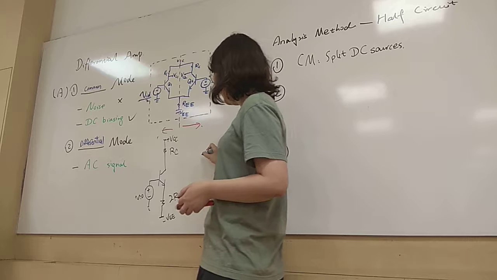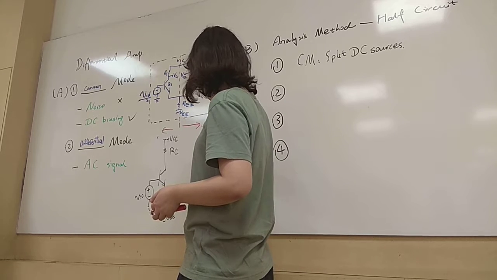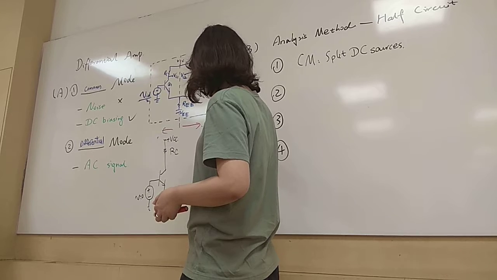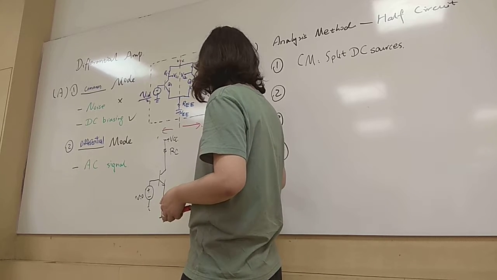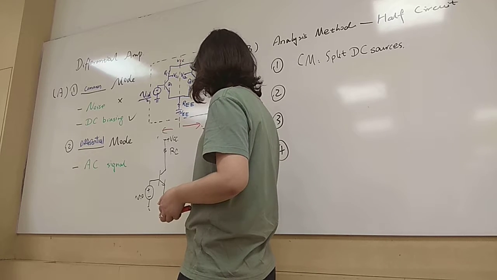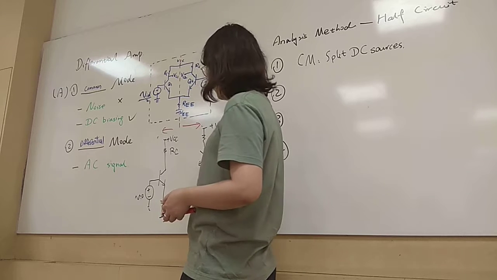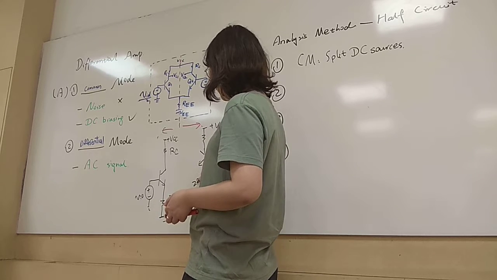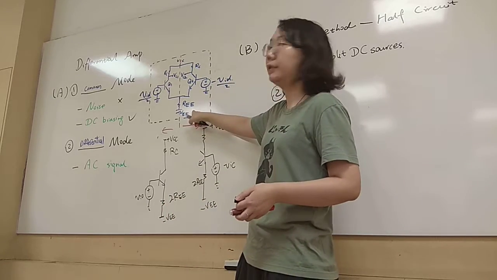So we combine them in parallel, and you become one. Yes, because if you draw the other half, the other half also has this resistor. So if the value is 2REE, these two in parallel will give you the original REE.